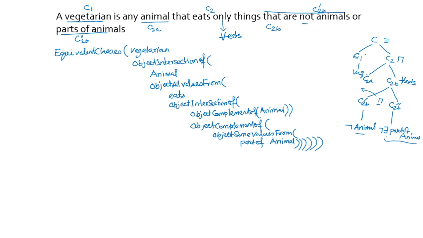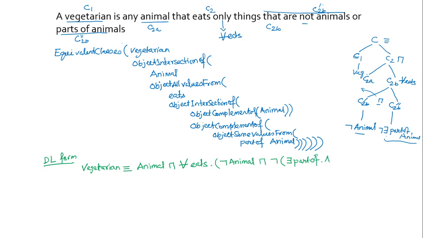So the description logic form for this would be: vegetarian class is equivalent to animal, intersection of, for all eats, not of animal, and intersection not of there exists part of animal.